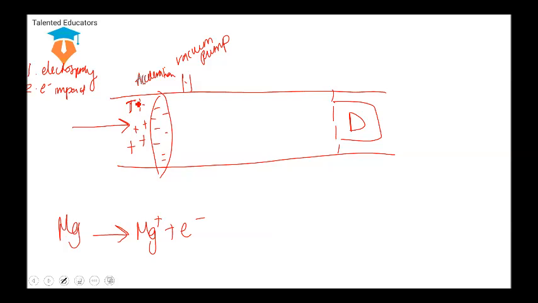Now number 4, the positive ions are accelerated by the electric field, and they all have the same kinetic energy. That's quite important. All ions have the same kinetic energy. This is really important that you remember this, okay? Also, kinetic energy, we all know the equation, it's half mass velocity squared.